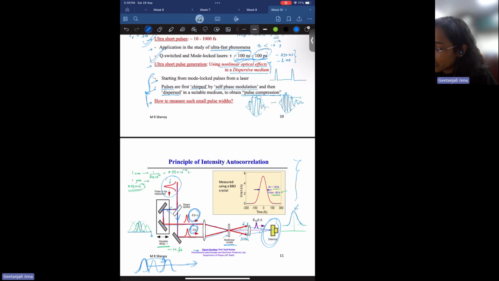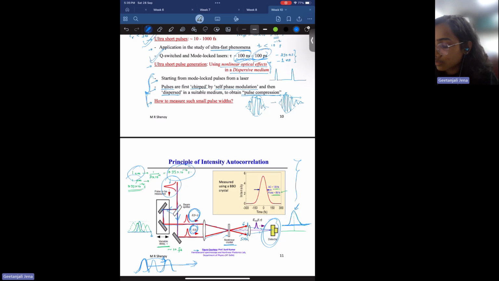Okay, so this is where the two pulses overlap with each other, and this is the background which is given by the second harmonic generation. So by changing the path length, let us say by 1 centimeter, the pulse width is around 10 to the minus 10 seconds.